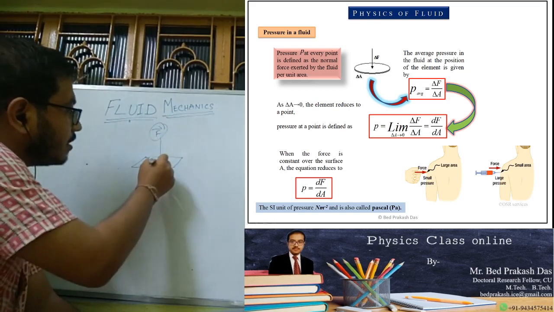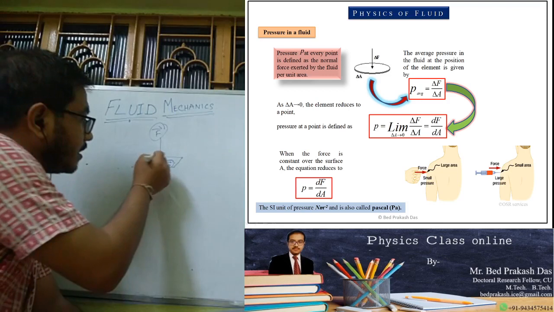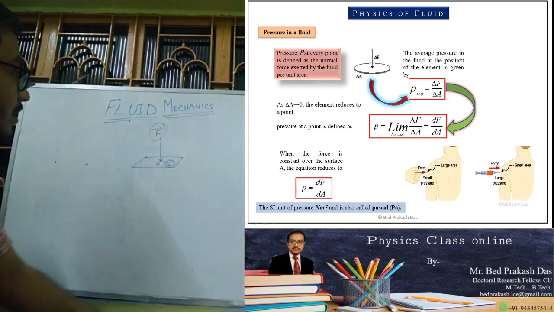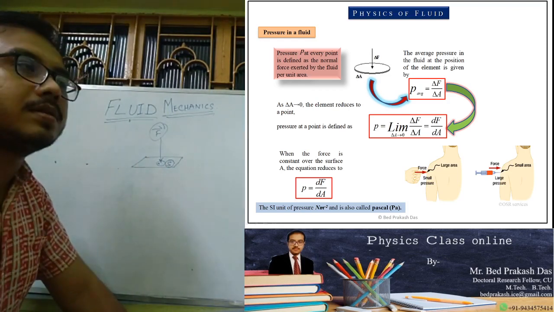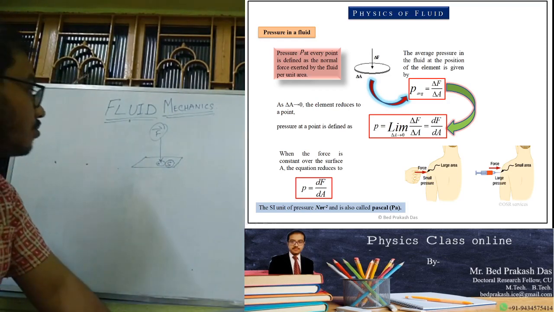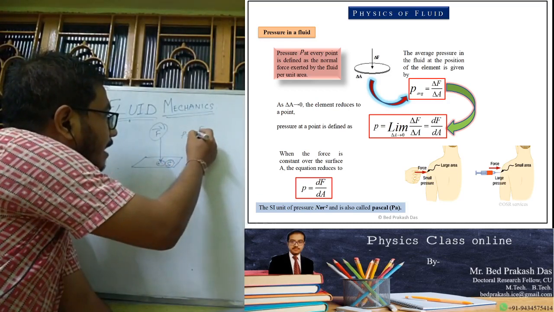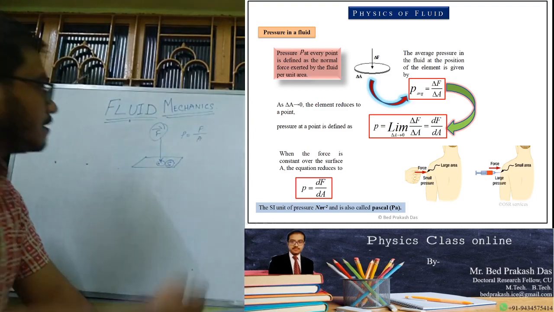It is applied on a surface, say S. Whatever area the force is applied on will be in our consideration. So pressure is defined as the force applied per unit area.